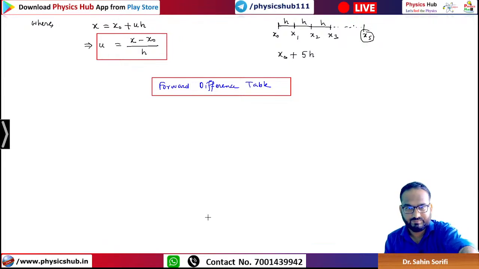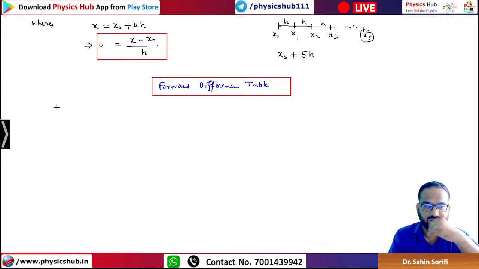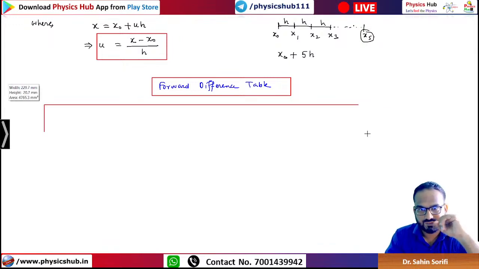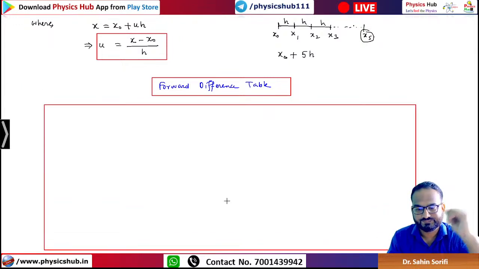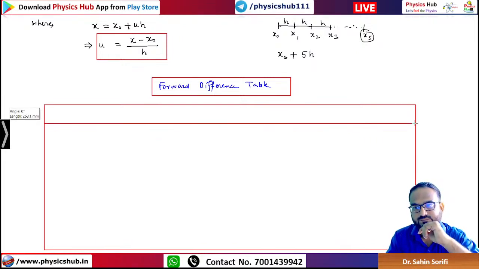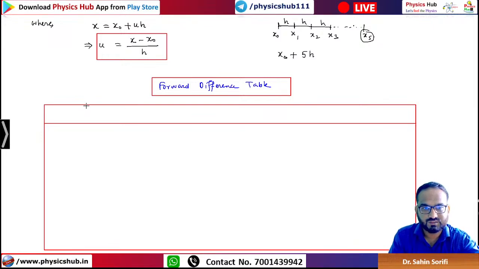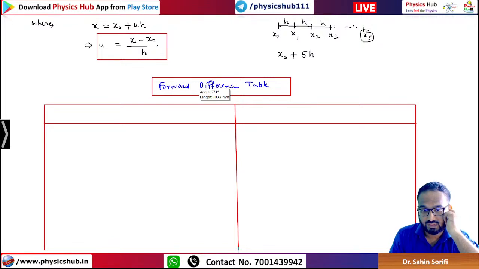Make a table having 7 columns. Let's make it like this.